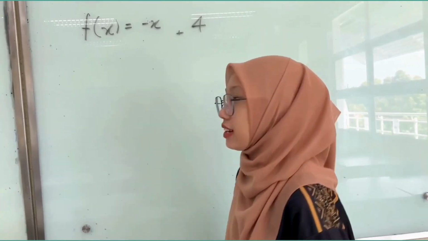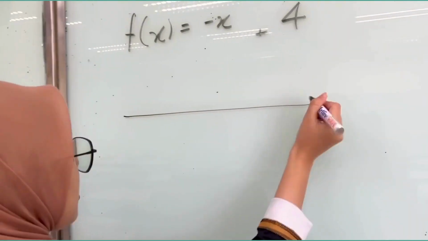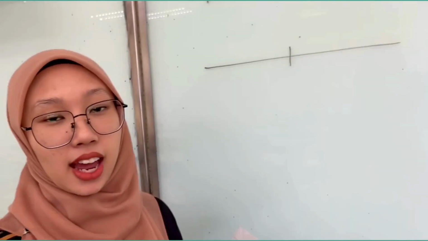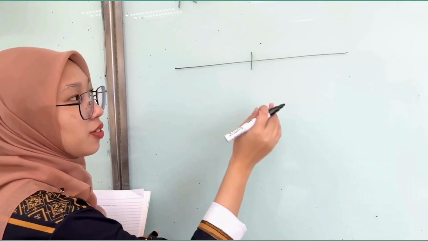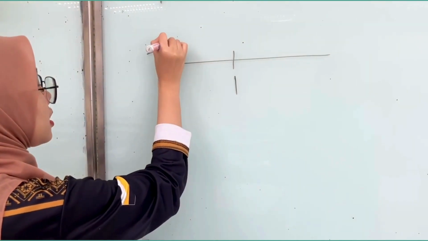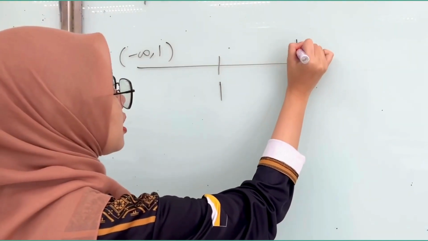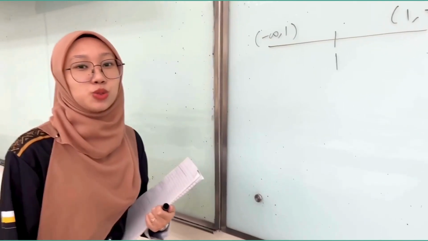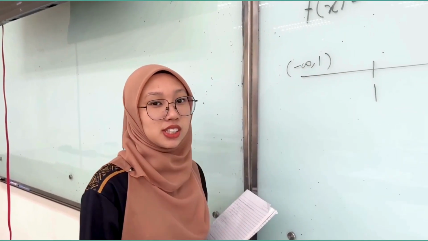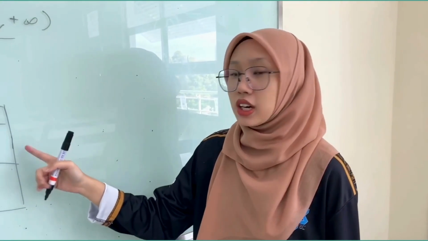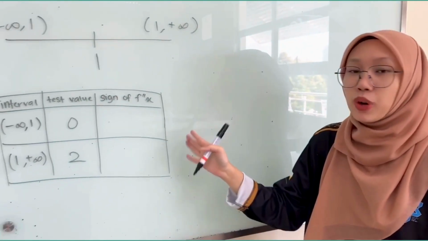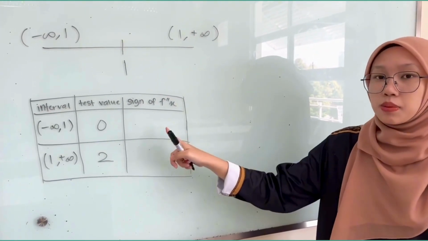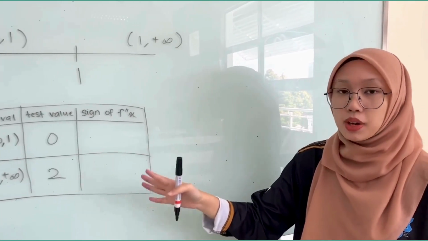After that, we write an interval line. We know that x equal to 1, so the number at the center is 1. Okay, next, we must draw a table to know which one is negative or positive, concave up or concave down.